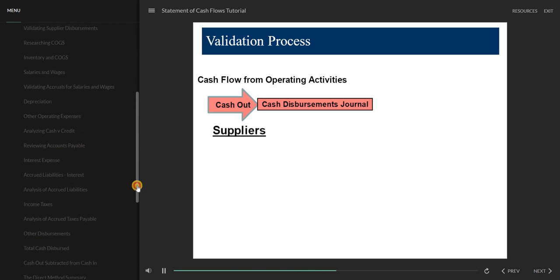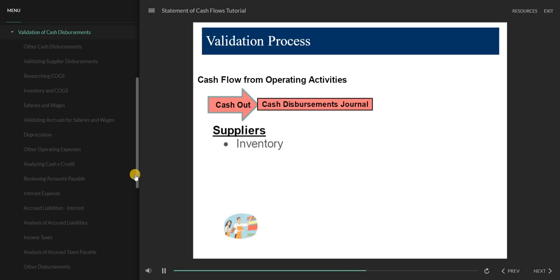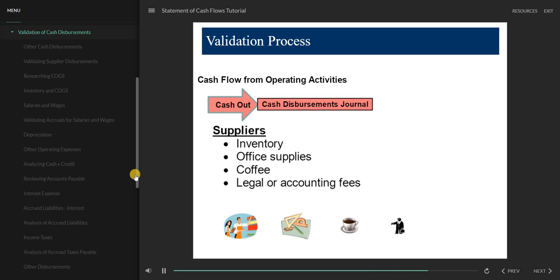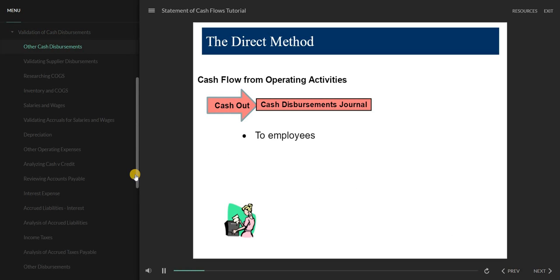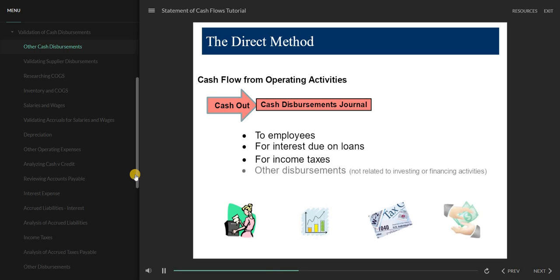As you can imagine, suppliers can mean many different things, such as suppliers of inventory, office supplies, coffee we provide to our employees, legal or accounting fees, and any other number of items we have paid for.